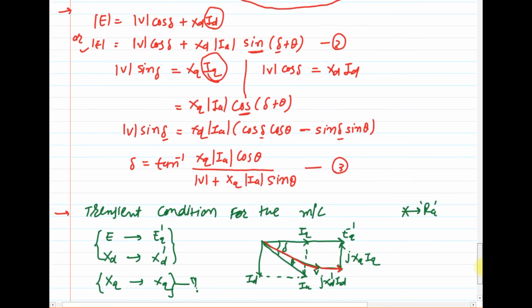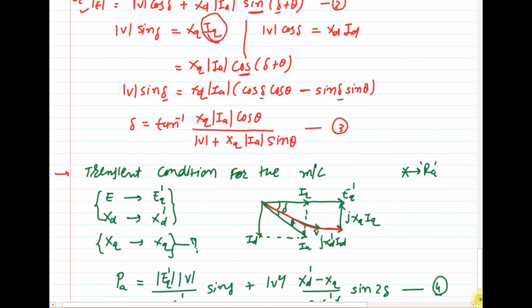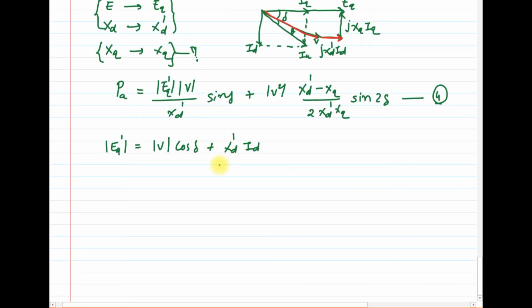Look at this: E is equal to V cos delta plus XD into ID. Now instead of ID we substitute IA sine delta plus theta. In the same way, just substitute here. So I can write V cos delta plus XD dash, now instead of ID, IA sine delta plus theta. Clear?